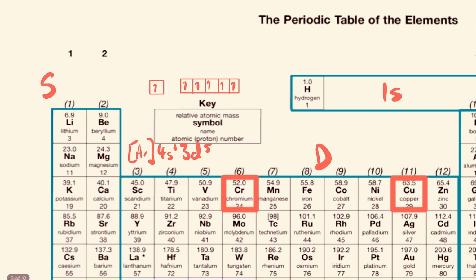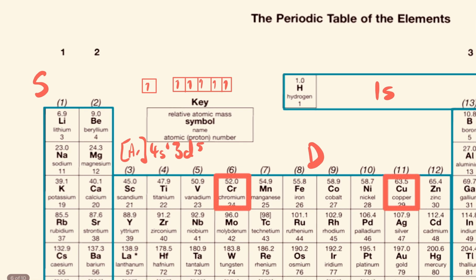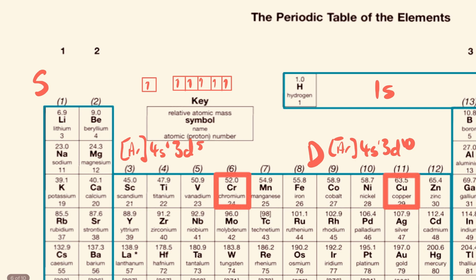And copper is a similar thing, where we have Ar, 4s1 again, 3d10. And again, it just prefers that all of these d orbitals are filled and this remains empty.